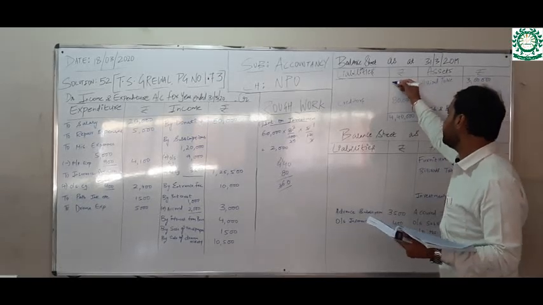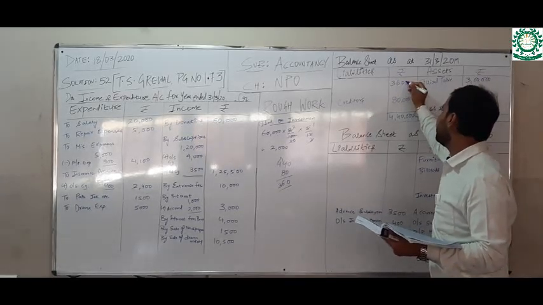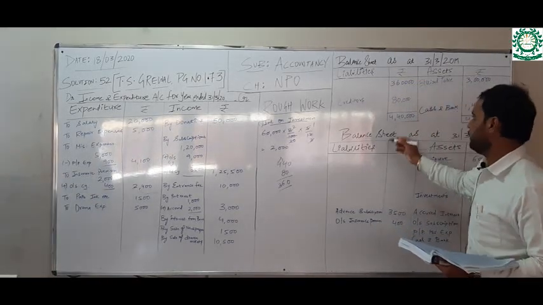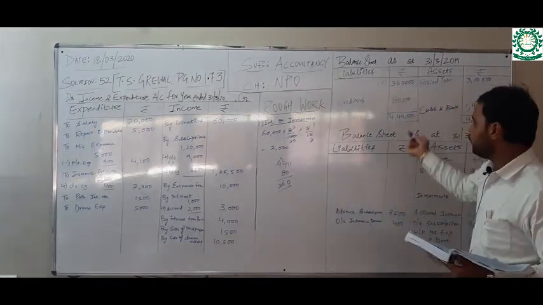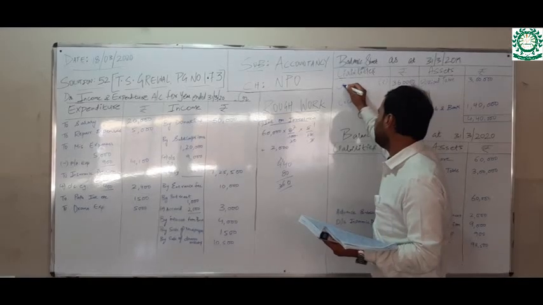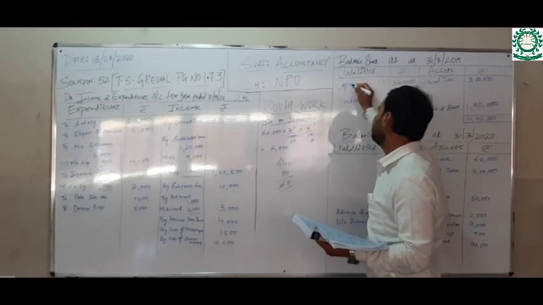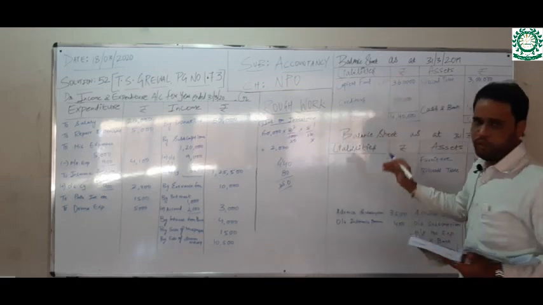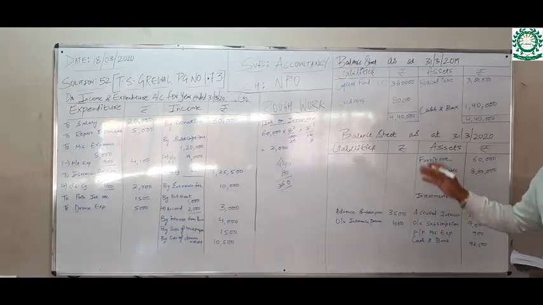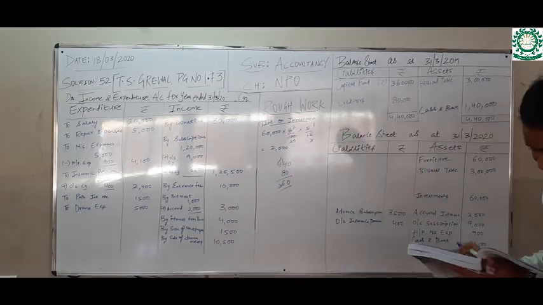So the balancing digit is 3,60,000. This question mark is nothing but indicating a balancing figure. So that is capital fund. So now we have got opening capital fund, that is 3,60,000.